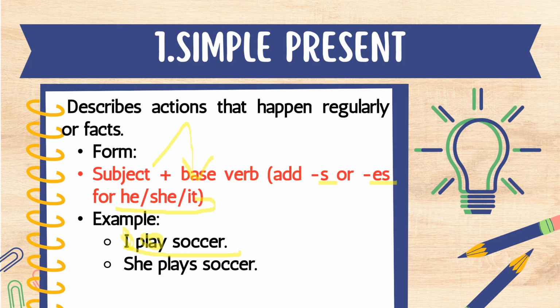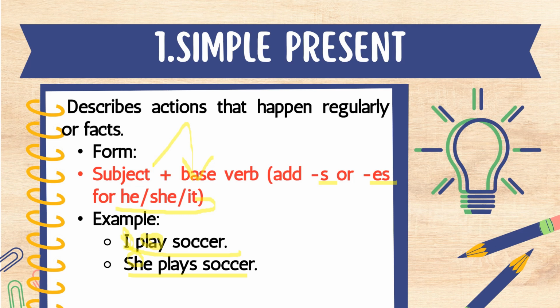And in the second sentence also, see, she plays soccer. She is your subject and play. Why is it plays? Because play is your base verb, and whenever you have he, she or it as your subject, you will use s or es with your base verb. This is the rule for simple present tense.